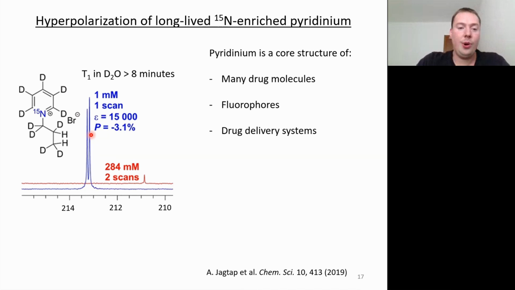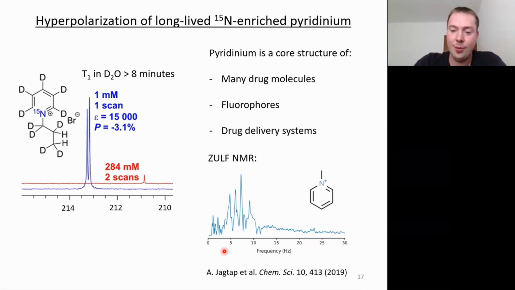This is a point where I would like to show you some zero field NMR data, because, as I mentioned, we're working with Szymon in Krakow, and we've recently sent him a protonated analog for some thermally polarized experiments, and he just sent me this nice spectrum this morning. So you see this methyl pyridinium over here, and you see that there is some ZULF NMR going on.